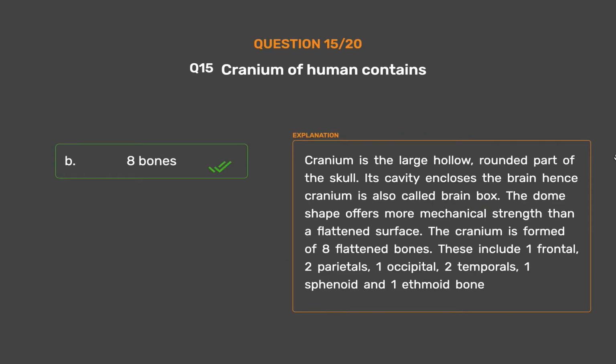Cranium is the large hollow, rounded part of the skull. Its cavity encloses the brain, hence cranium is also called brain box. The dome shape offers more mechanical strength than a flattened surface. The cranium is formed of 8 flattened bones. These include 1 frontal, 2 parietals, 1 occipital, 2 temporals, 1 sphenoid and 1 ethmoid bone.